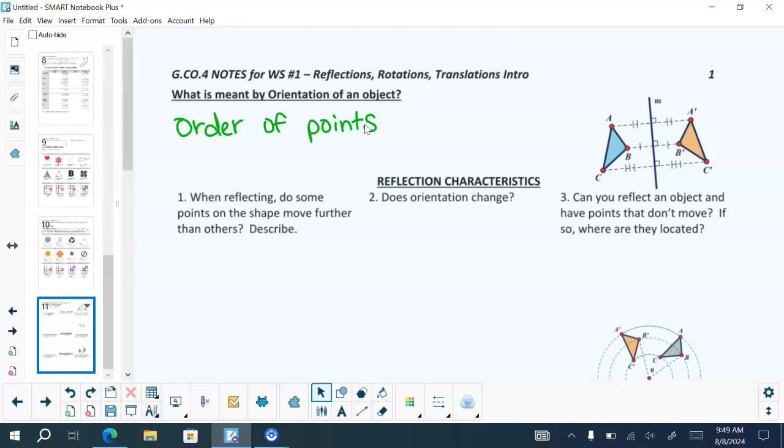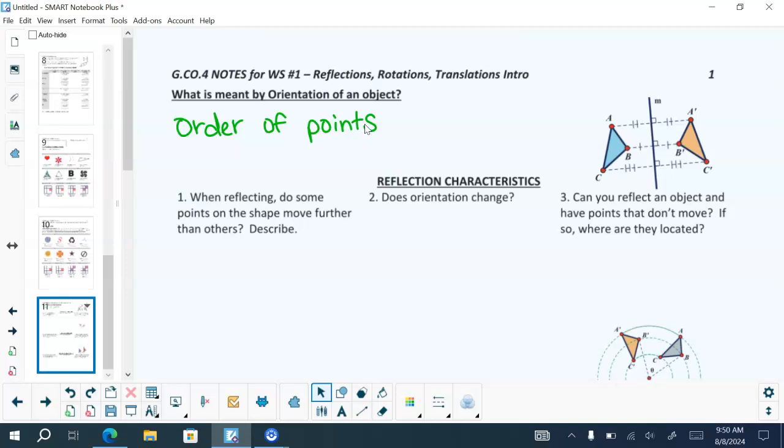What that means is when you look at a shape and you have the new shape next to it, so you have your pre-image and you have your image. If you start on your pre-image at letter A and you go counterclockwise or clockwise around that shape, it doesn't matter what direction, but you just have to be the same both times. You start both at letter A, and let's say you go counterclockwise.